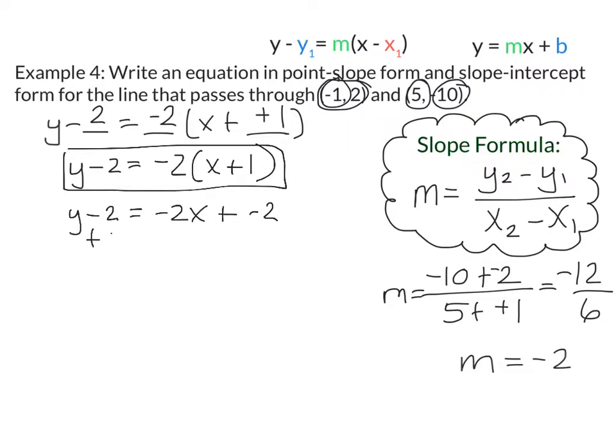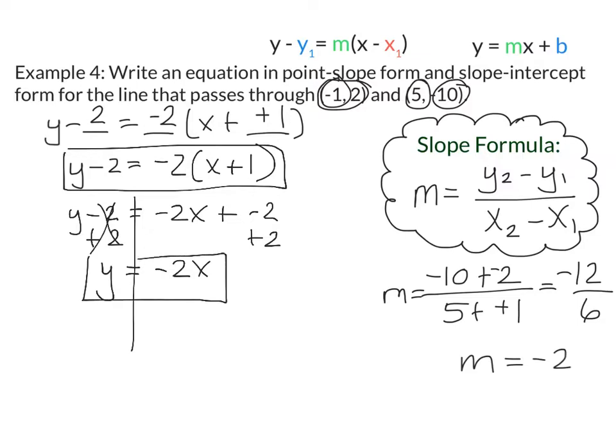Then I'm going to add 2 to both sides to get y by itself. And then when I solve, this becomes 0, so I'm left with just y on the left, -2x plus -2 plus 2, which is just 0. So my y equals mx plus b slope-intercept equation is just y equals -2x.